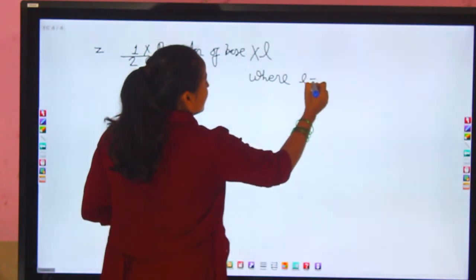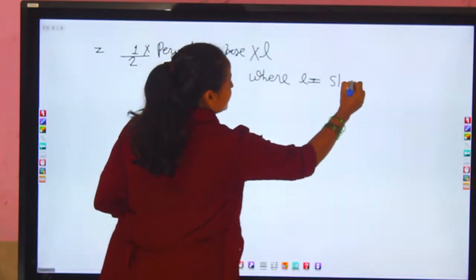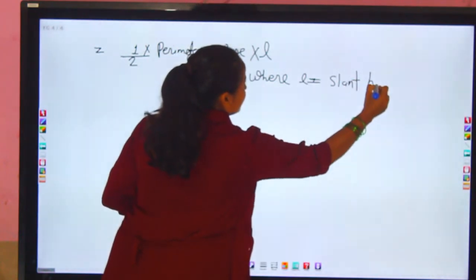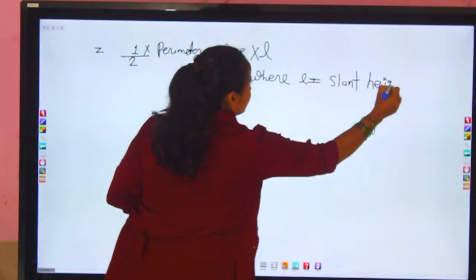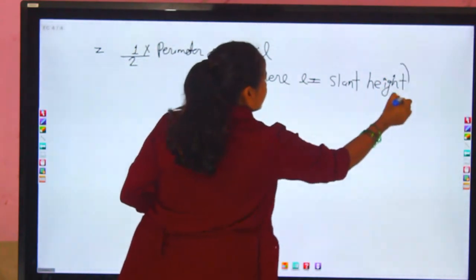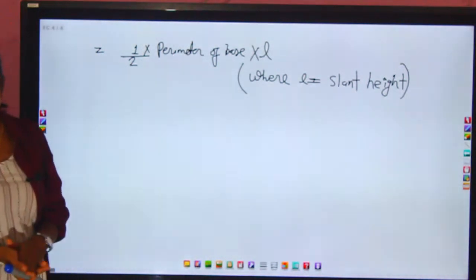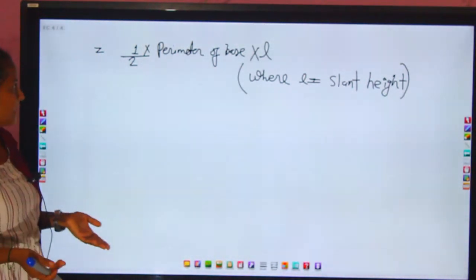Here L equal to slant height. L equal to slant height. So it is the formula of lateral surface area of pyramid.